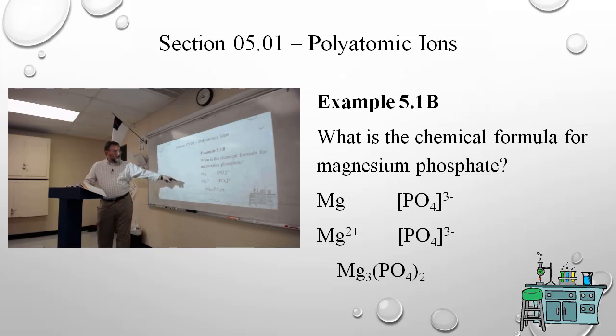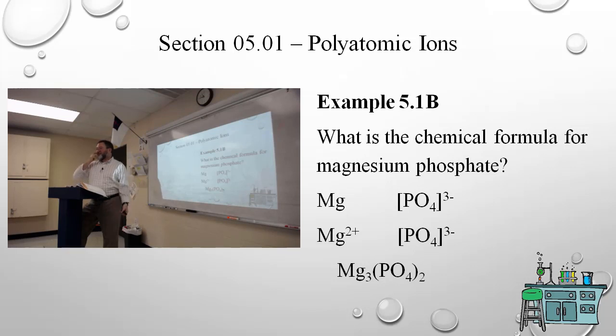Now, how many different combinations of magnesium and phosphate can we have? How many different formulas that involve magnesium and phosphate? Okay, let's back it up. For an ionic molecule, how many different formulas can there be? Just one, right?